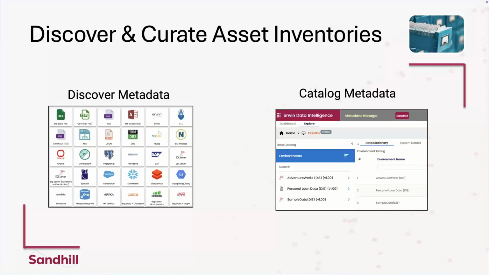Now we move on to discovering and curating the asset inventories, which is basically what have we got out there, and in what shape is it in, what quality is it in. Part of what the data intelligence product brings to you is the ability to discover lots of different metadata, and that metadata can be contained in lots of different places. Obviously, databases are one place, but a lot of metadata is contained in data modeling tools.